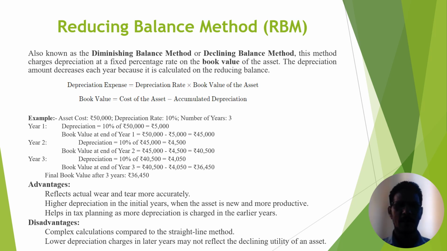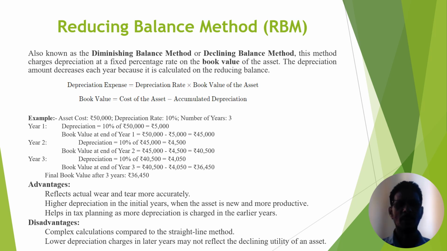Now for calculation of the second year, depreciation is 10% of book value. Here we have 45,000 as the book value at the start of the second year, or we can say at the end of the first year.